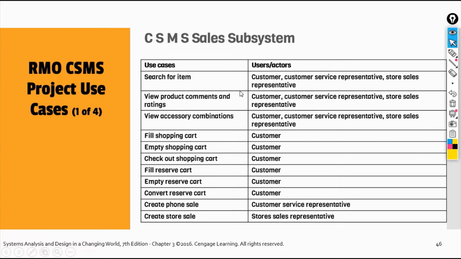Take note that many use cases have more than one user. For example, for this subsystem, there is a use case called search for item, and these are the potential users that will be searching for the item.